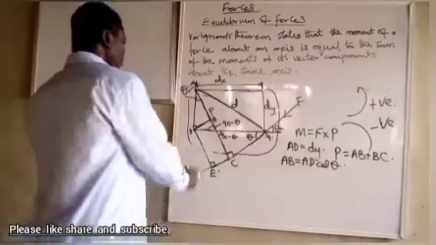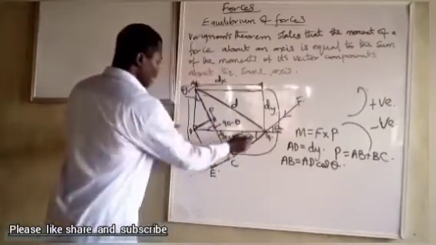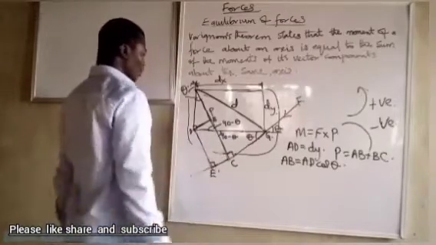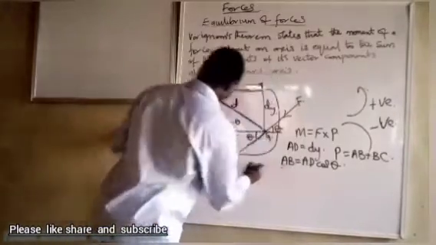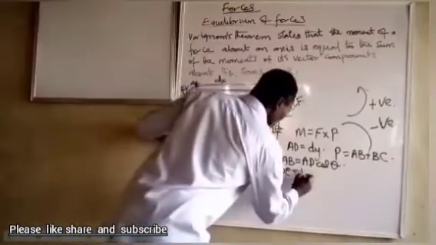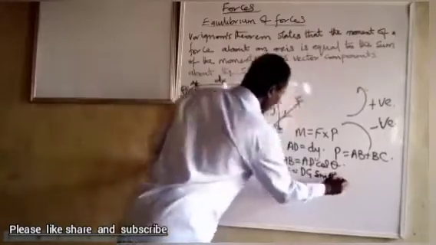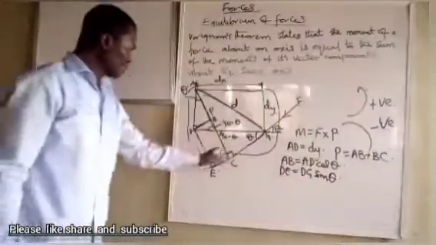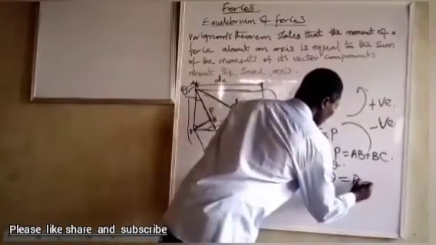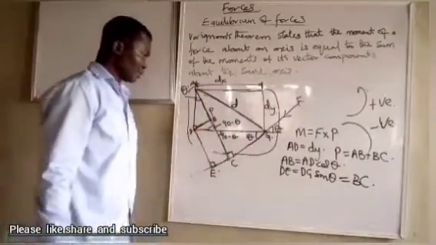And if you look at it, this is DG, and DG is now the hypotenuse, and DE is now the opposite. So DE is equal to DG sine theta. And DE is also equal to DC. Have you gotten it now? DE is also equal to DC.